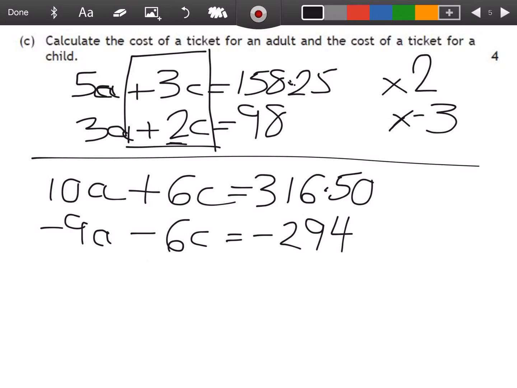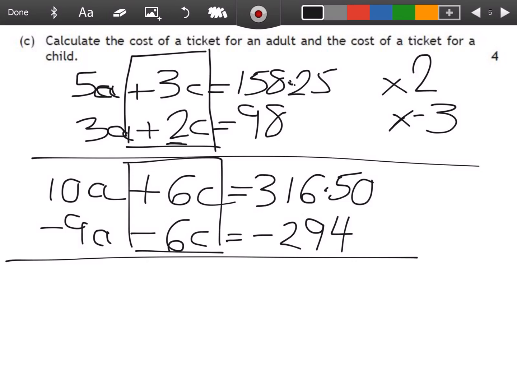Negative. Okay, and it's now at this point, because I have a positive and a negative 6C in the middle, we can add the 2 equations together, and if we add the equations together, positive 6, take away 6, they cancel out. So we've basically eliminated one of the letters. And now we have an equation that only has one letter.